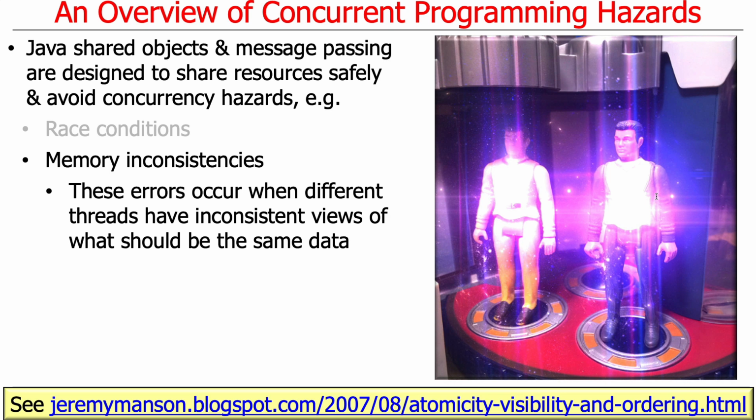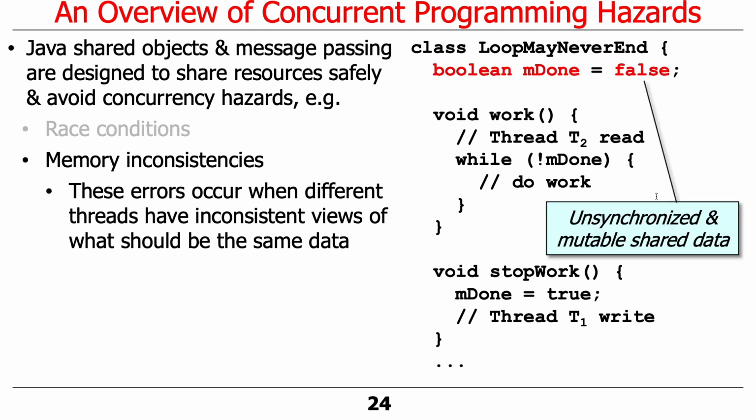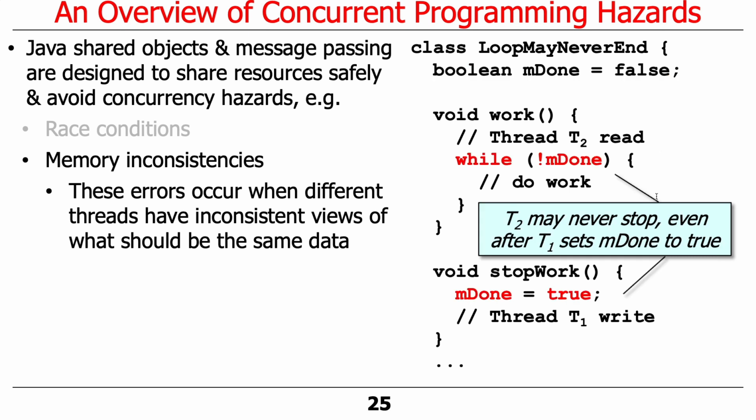You get inconsistent outcomes. Here's a very simple example that demonstrates this. This is a class called LoopMayNeverEnd. And we've got a Boolean field called mDone, we set to false. And then we go ahead and note that this mDone variable is unsynchronized and mutable, meaning that it's not protected by any locks or synchronizers, and it's going to be shared between two threads.